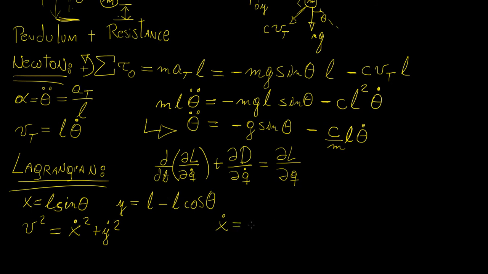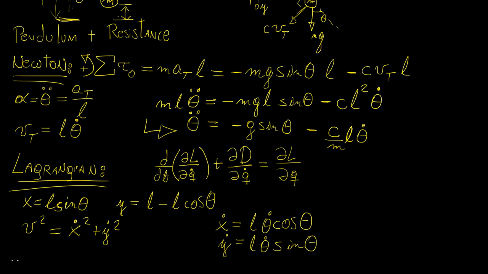So we have L sine, so this is going to become L cosine of theta, and we take out the theta dot, so this is L theta dot cosine theta here. And now for y, this becomes 0, and now we have minus times minus, so it becomes L theta dot sine theta by using the chain rule of differentiation.